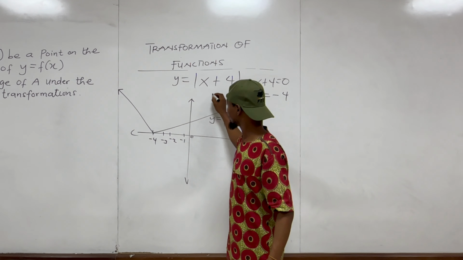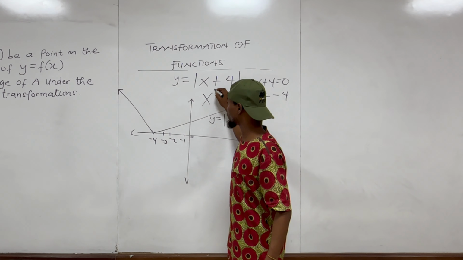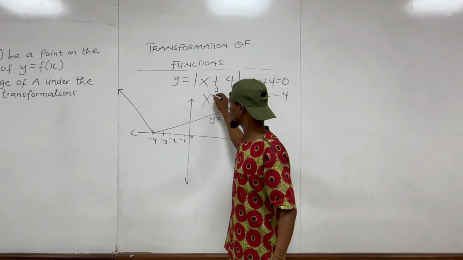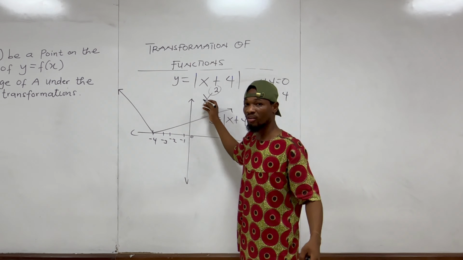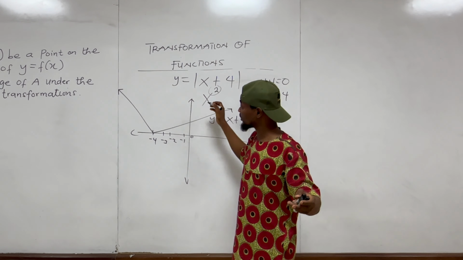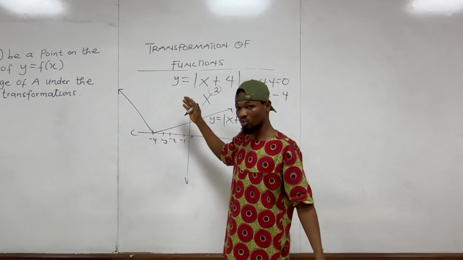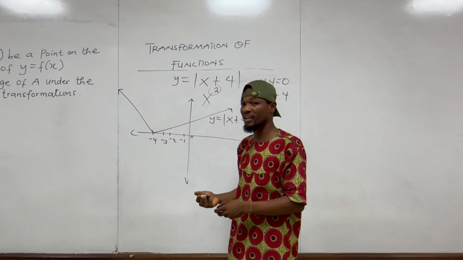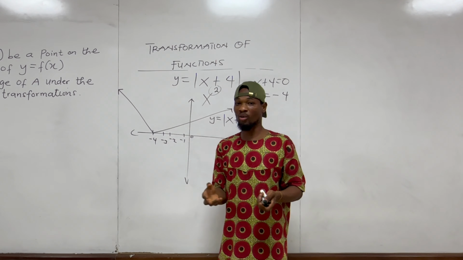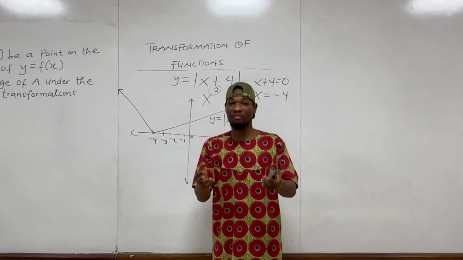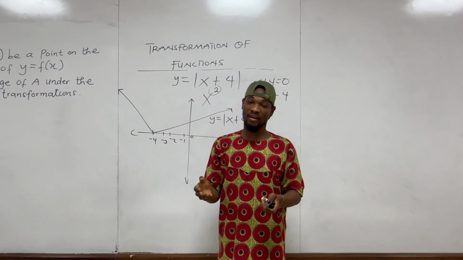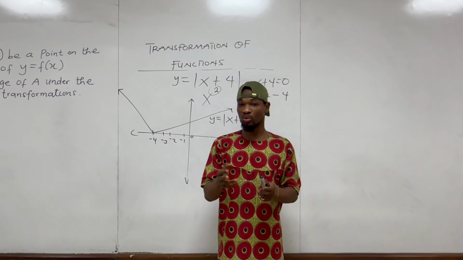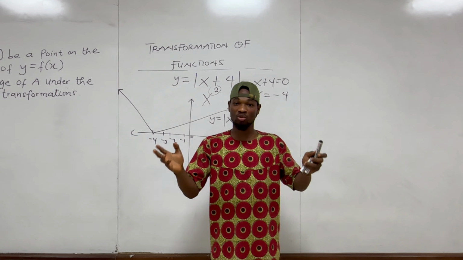So if x has the exponent of 2, the degree is 2, you know how it is being drawn. When it is absolute, you know how it is being drawn. What about when you have a radical equation, or a radical function? You'll be given a function under the radical or the square root sign. How do we graph those functions?